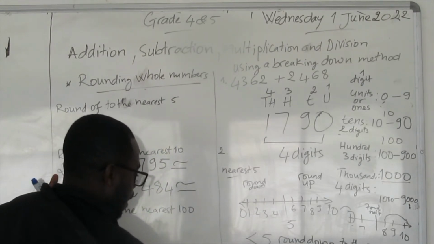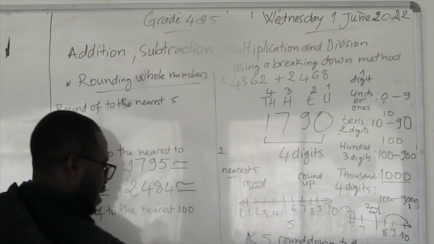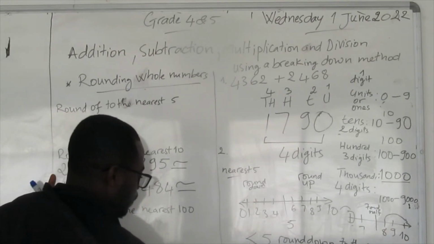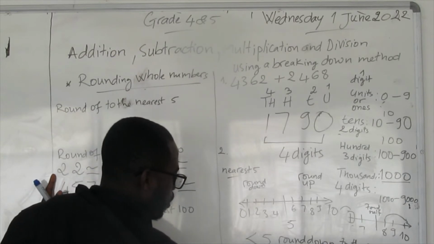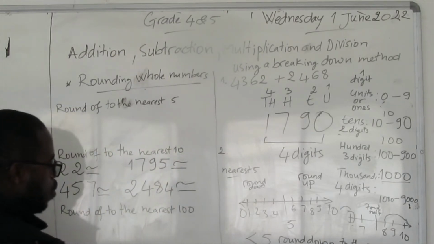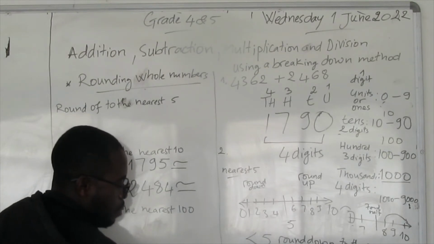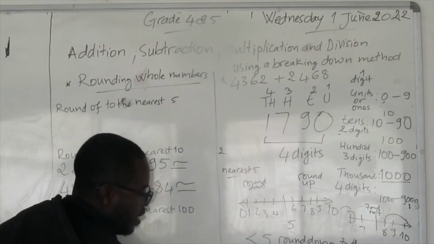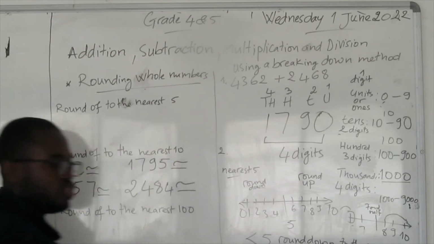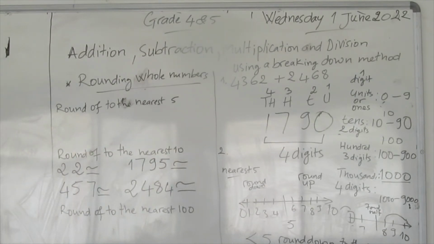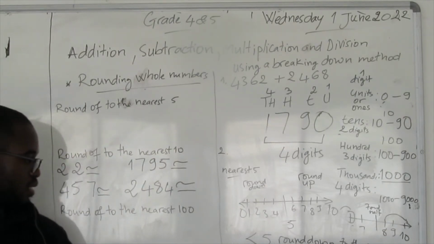Let's count in tens. 10, 20, 30. So where are we going to get our 22? Our 22 is between 20 and 30.